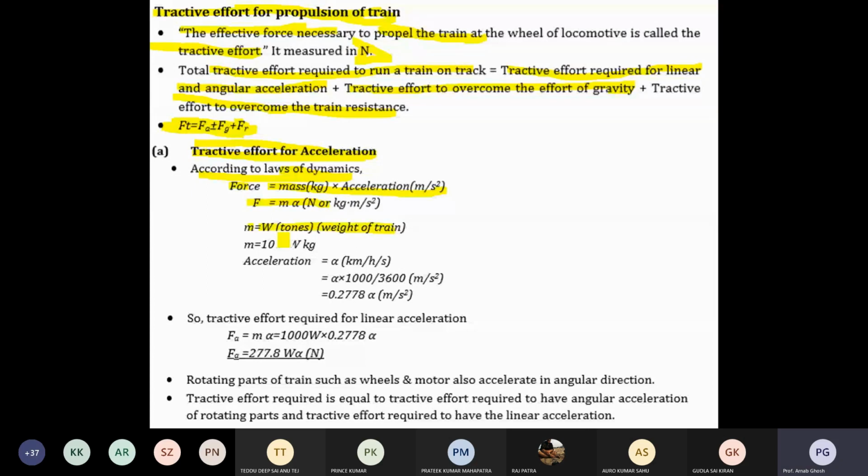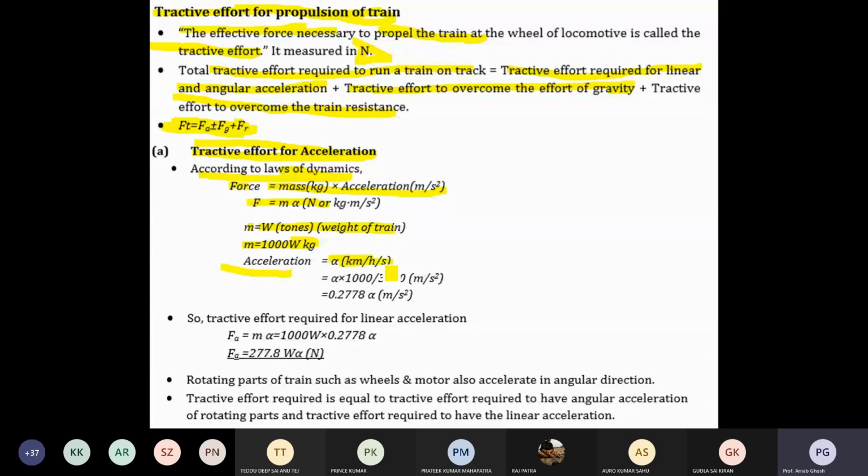If you convert tons into kg, m equals 1000 W kg. The acceleration alpha is in kilometer per hour per second, so you sometimes have to convert it into meter per second squared. In total, you get the equivalent value.